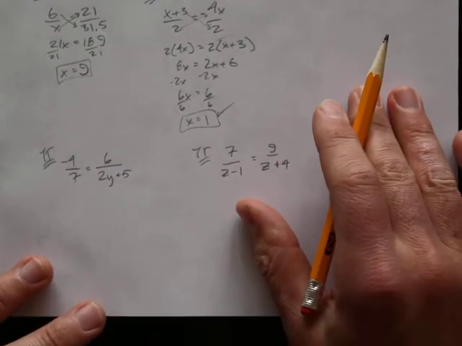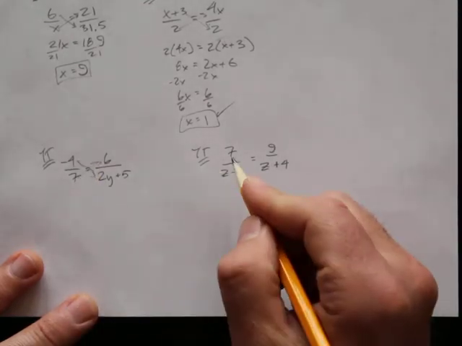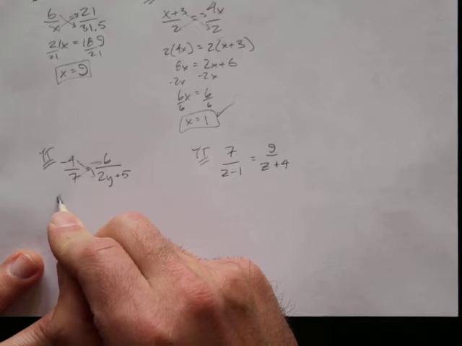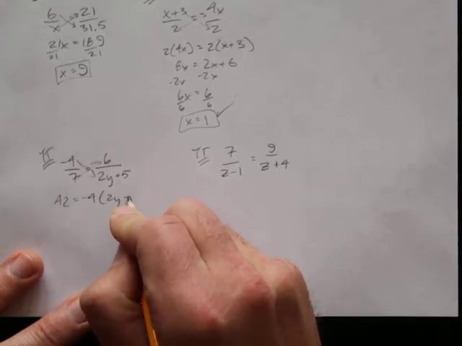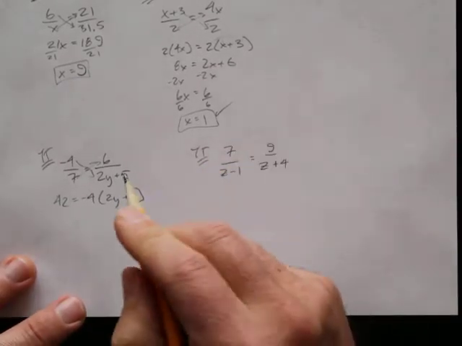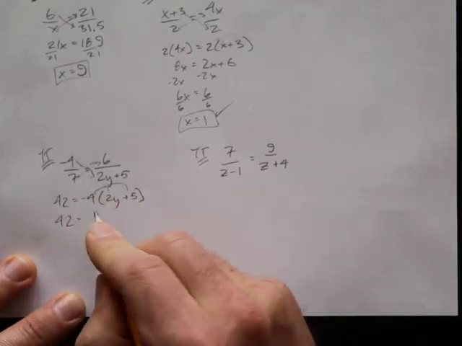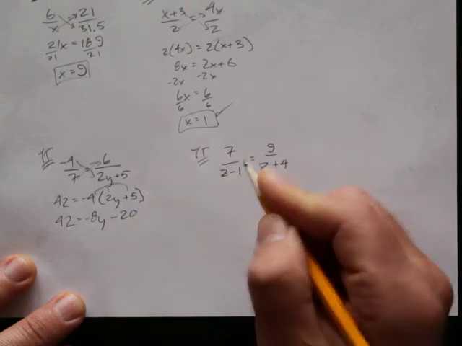All right, let's see how you did. I'm just going to do the cross products here. 7 times 6 and negative 4 times these. So 7 times 6 is 42, equals negative 4 times 2y plus 5. Now I'm going to distribute. 42 equals negative 8y minus 20.